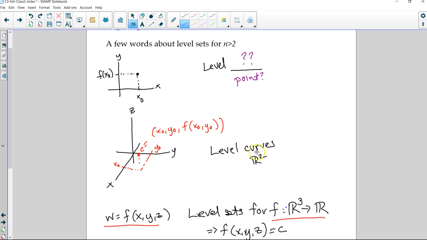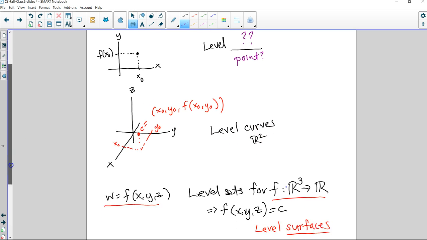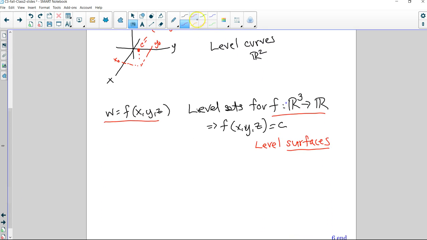Level curves are 2 dimensions, and surfaces are 3 dimensions. For higher dimensions, if we have something like f from R n to R, for n bigger than 3, we just call these level sets. Level sets is the catch-all.